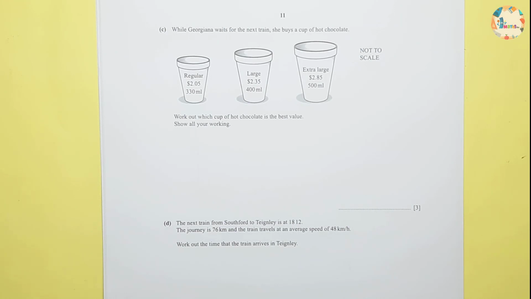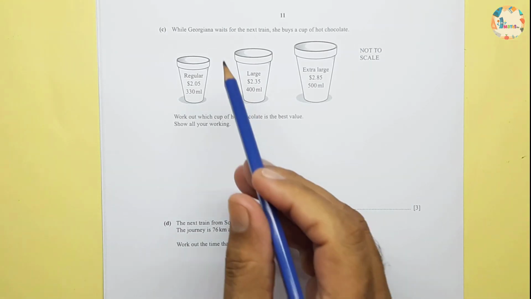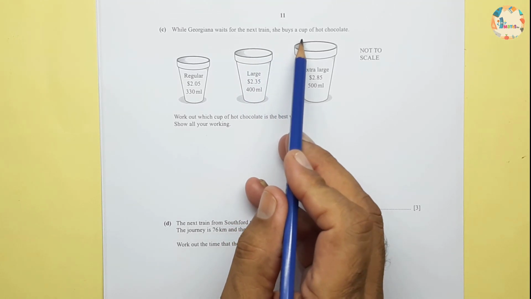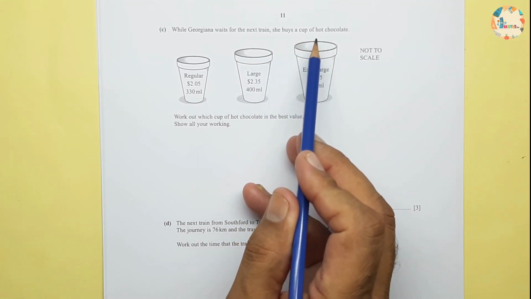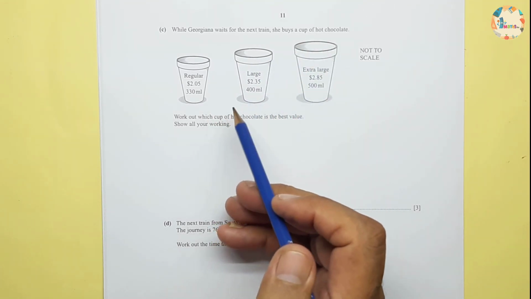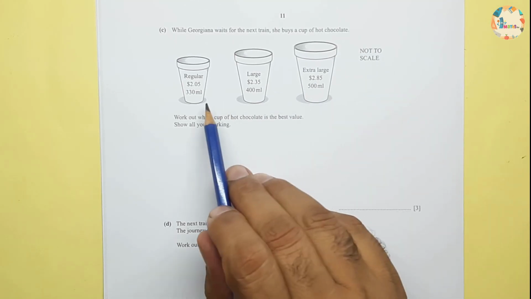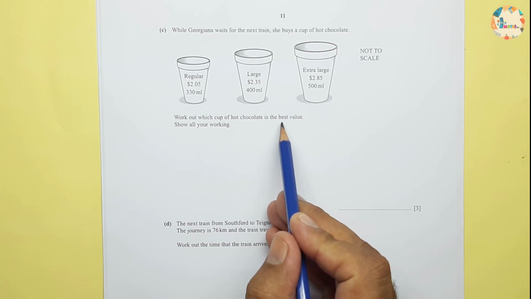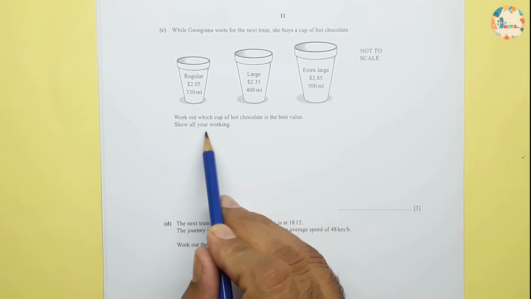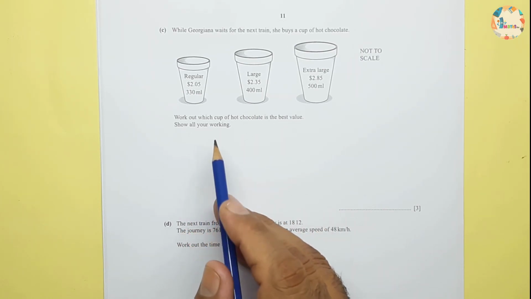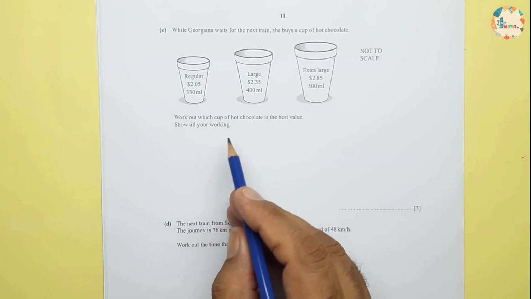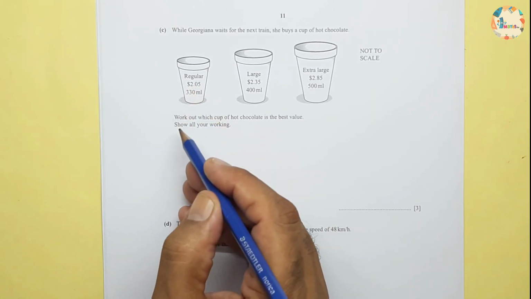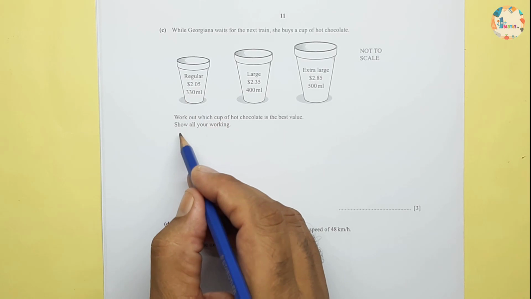Now while she waits for the next train, she buys a cup of hot chocolate. Hot chocolate she bought. This is not to scale. Drawings are given. Work out which cup of hot chocolate is the best value. Show all your working. What we will do, we will divide the amount she got.